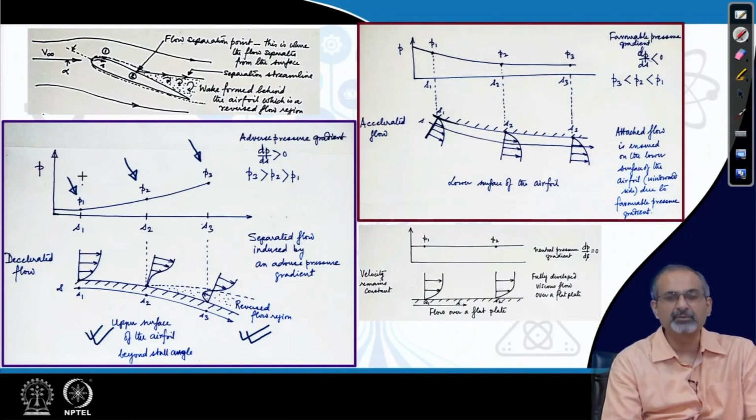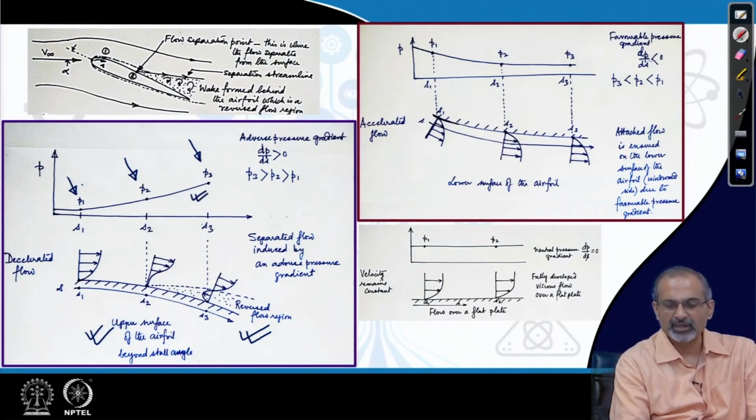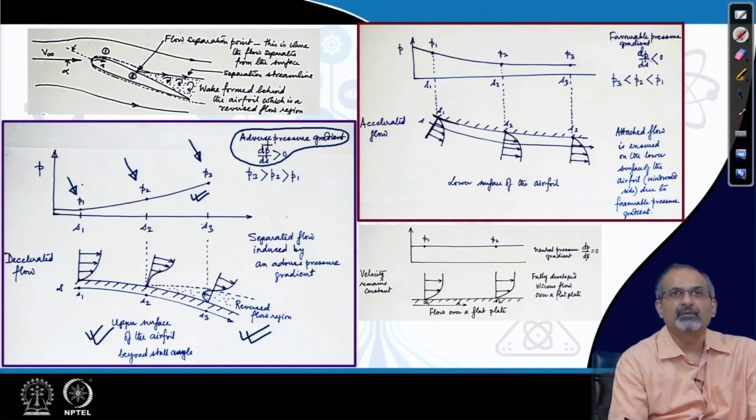We have marked 3 different points which are located on the surface, and at the 3 different points the pressure is growing gradually. When pressure increases as you move along the body, then we have a situation of adverse pressure gradient, dP/ds greater than 0.